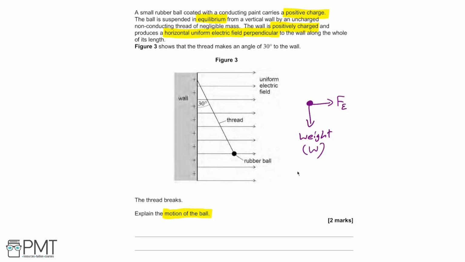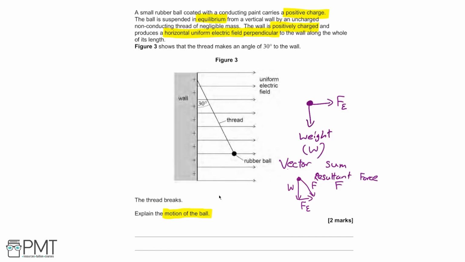We can add these two forces together in a vector sum to give the following triangle, where that's the force from the weight, and then there's the force from the electric field. So the resultant force comes from adding these two together, tip to tail, like so, which we must do because they're vectors, and gives us a resultant force, which I'll call F.